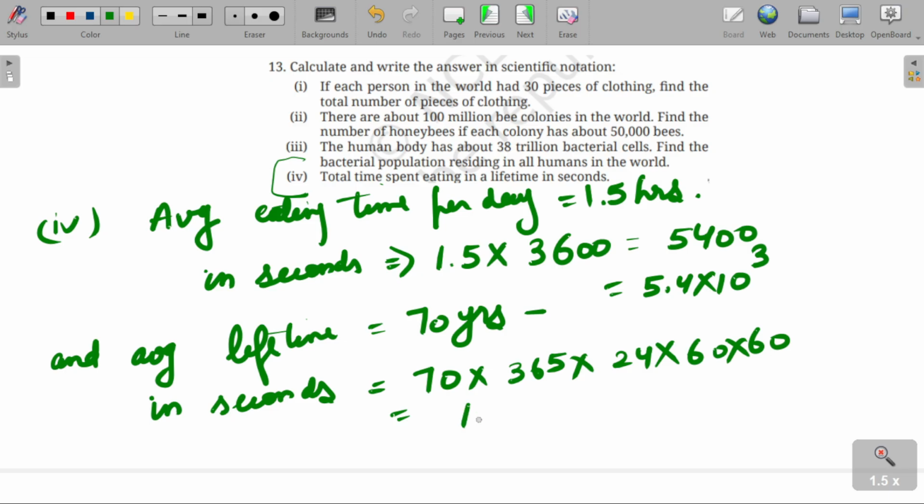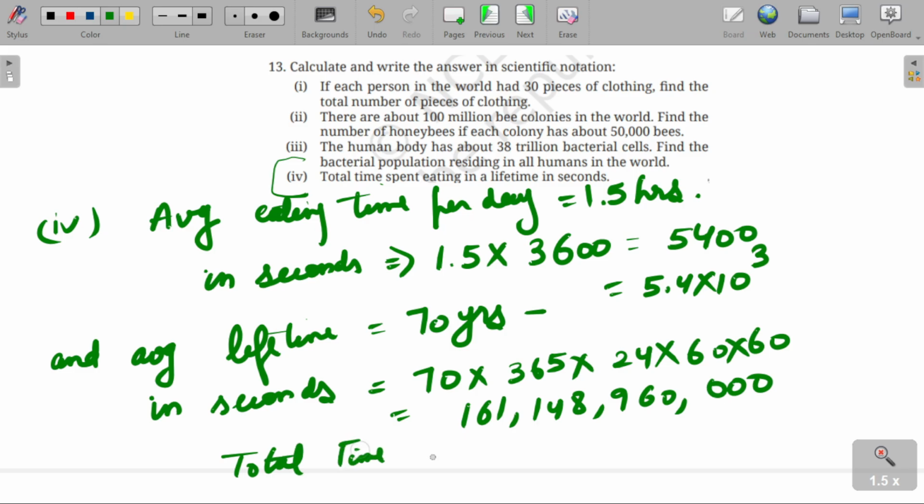So this will be a bit larger value. And now what is the total time spent? Total time spent will be, we will multiply these two values. Fine. So we'll get around 8.7 into 10 raised to 14. This will be the answer.